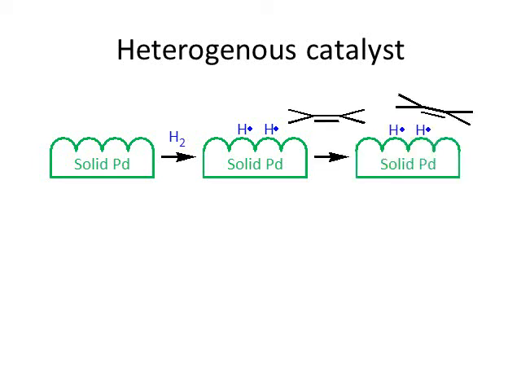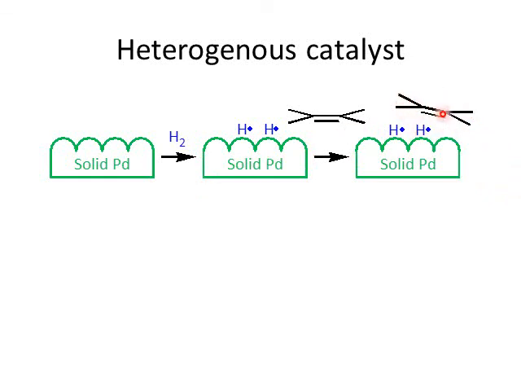Now, if some alkene comes along, now this chunk of palladium, imagine this extending in each direction for some ways. This is going to be from this relative to a single molecule of, in this case, tetramethylethylene. This is going to be some huge chunk of palladium with the surface covered with hydrogen radicals.